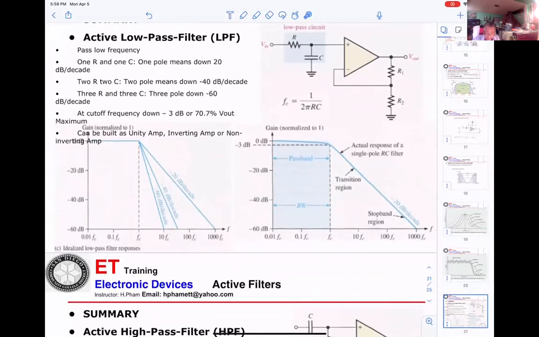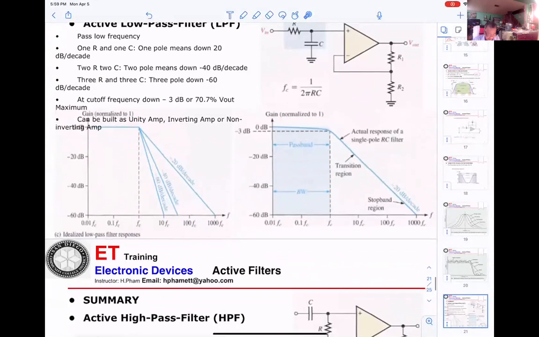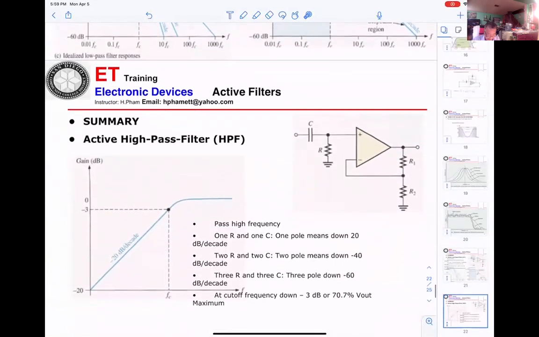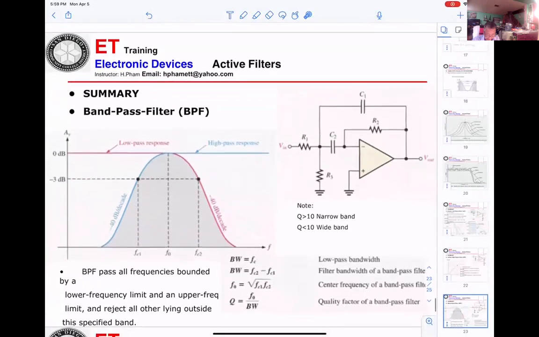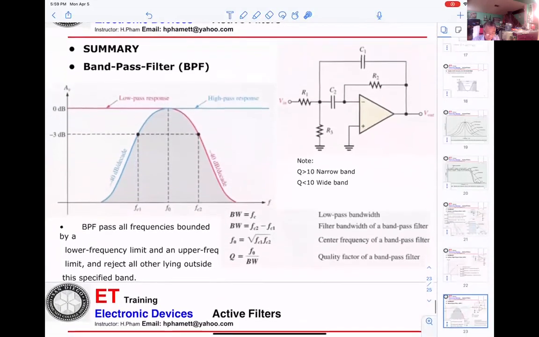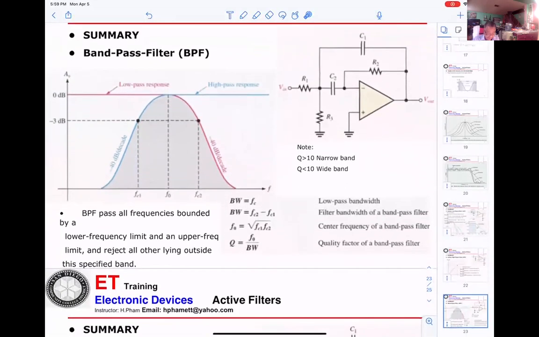Okay, that one, try a different one. We already did that here. Now this one, you have to memorize something. For the bandpass filter, the bandwidth will be FC2 minus FC1, right here.